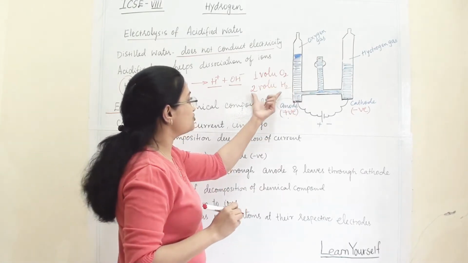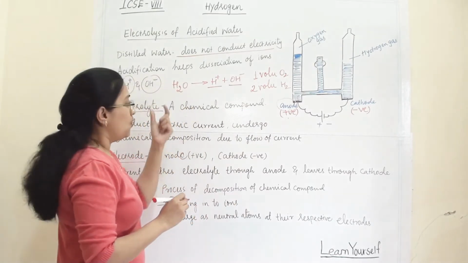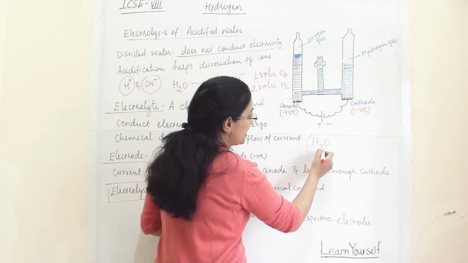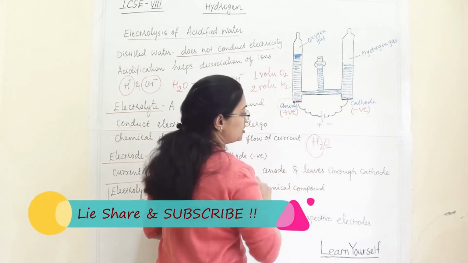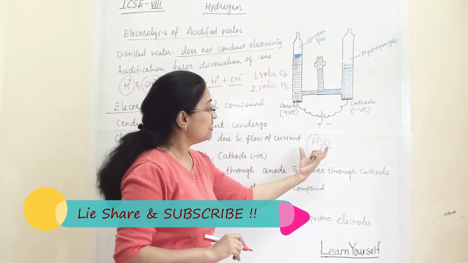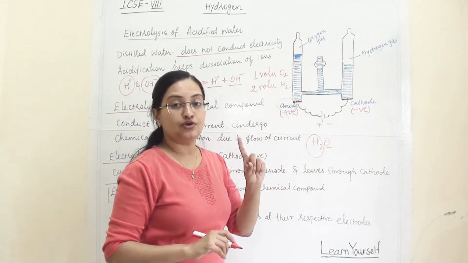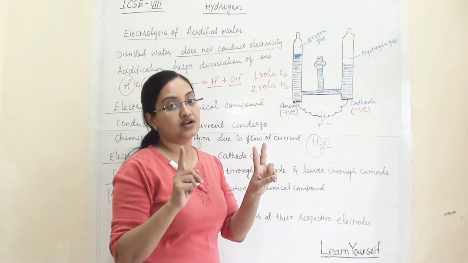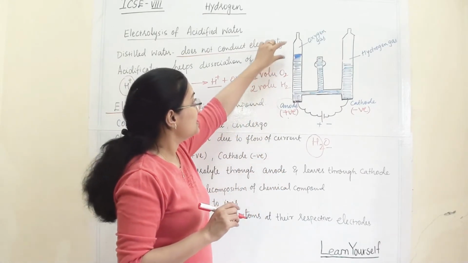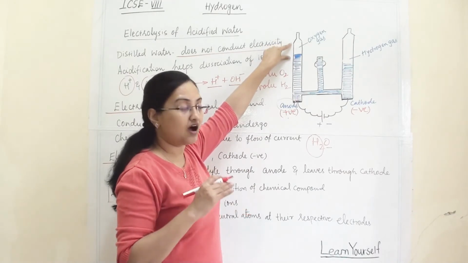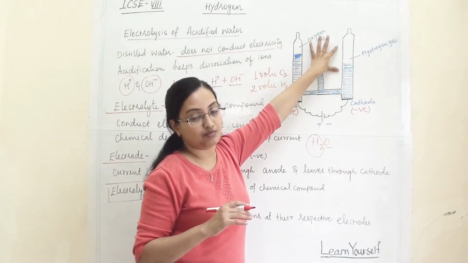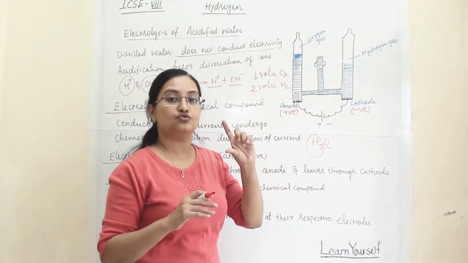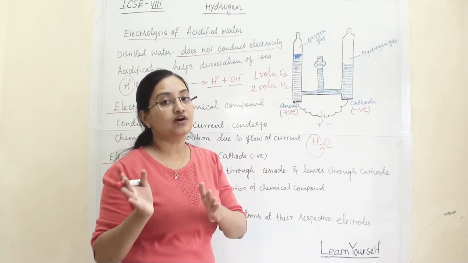Now why is it so? Because from 1 molecule of H2O we will get 2 atoms of hydrogen and 1 atom of oxygen. As and when 1 molecule of water decomposes, you get 2 atoms of hydrogen and 1 atom of oxygen. That's why the oxygen amount will be half compared to the hydrogen amount. So when this process gets over, you will get 2 volumes of hydrogen and 1 volume of oxygen.